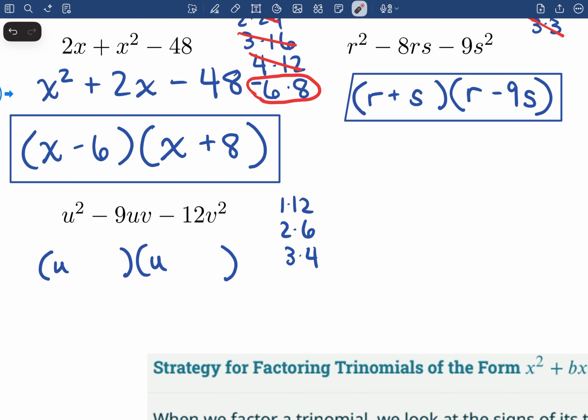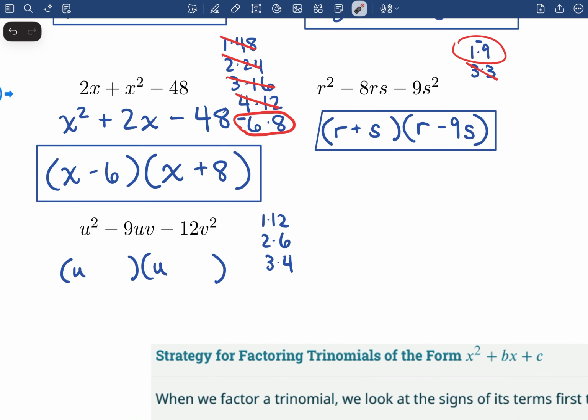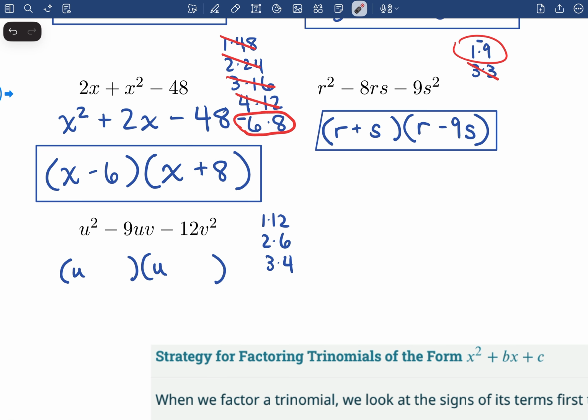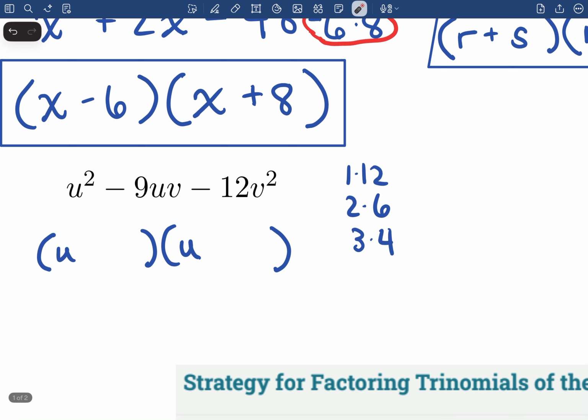At this point, I may be stuck. Sometimes certain trinomials are not factorable. We are always looking to see if something's factorable or not. The previous 4 were factorable, but this one, nothing is working to make negative 9. None of them will do it.